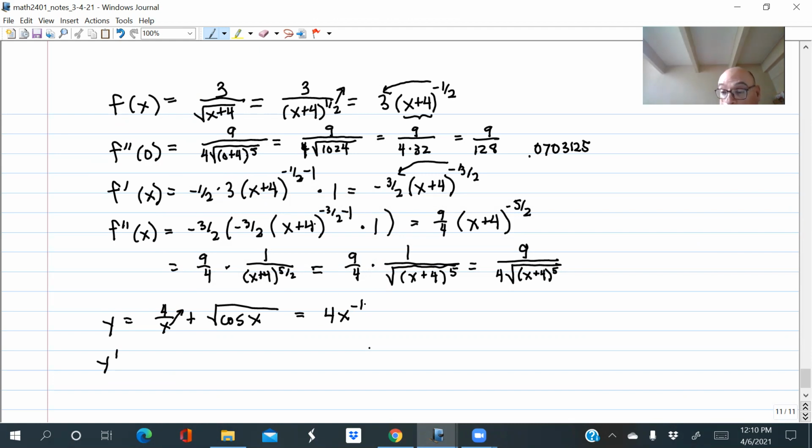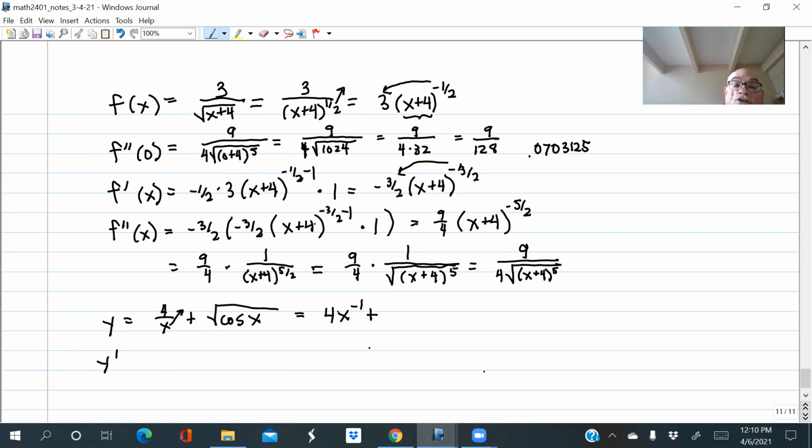You can bring the minus 1 down and subtract 1 from the exponent. If you tried to differentiate it leaving it as 4 over x, you would have to use the quotient rule. It works, but it's just going to be messy because you're going to have to remember the quotient rule properly. I think it's easier to rewrite it as 4 times x to the minus 1.